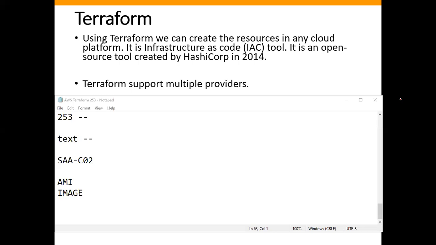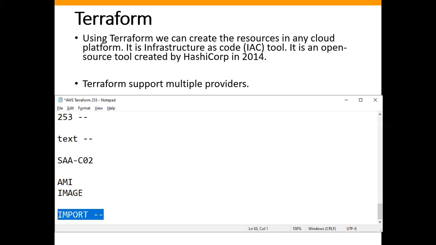Actually, one question. If we have provisioned the infrastructure in AWS manually, now in our project we have the requirement: can we get the Terraform code for the existing environment? There is an option called Terraform import.